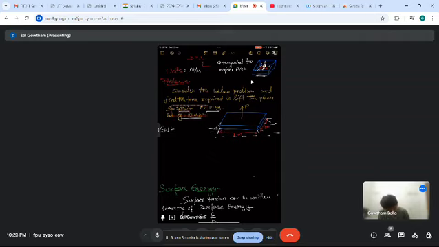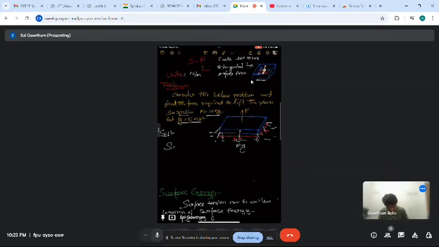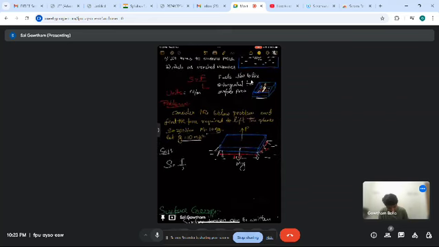Here mg will be acting downward, that is the weight of the sheet, and the surface tension along the border of the sheet will be acting downwards, opposite to the external force required. According to the given formula, surface tension is force per unit length. So the surface force is surface tension into length.